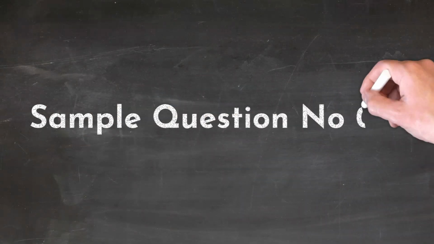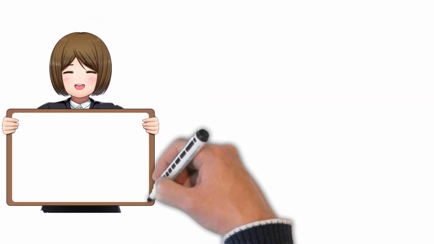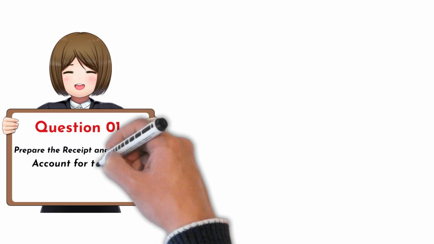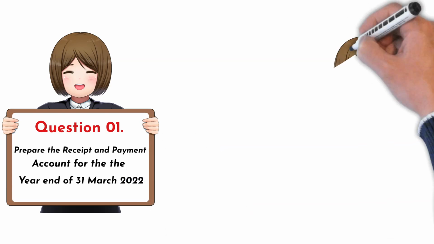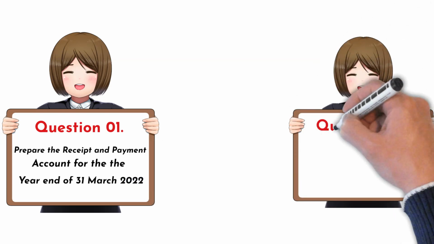Sample question number 1. Prepare the receipt and payment account for the year ended 31st of March 2022. Question number 2. Find the closing bank balance for the year ended 31st of March 2022.